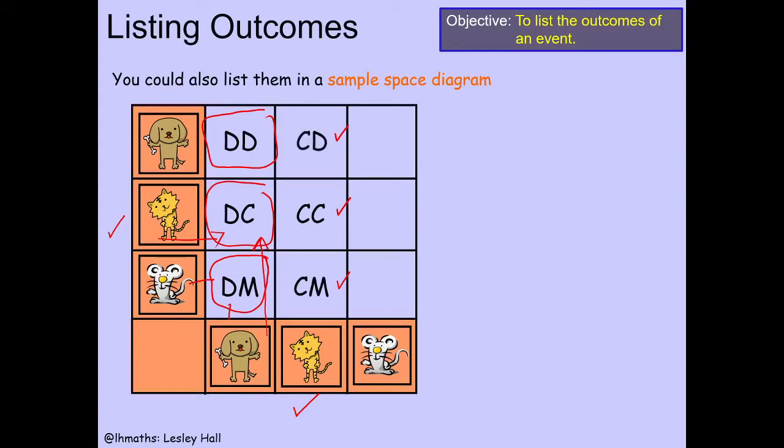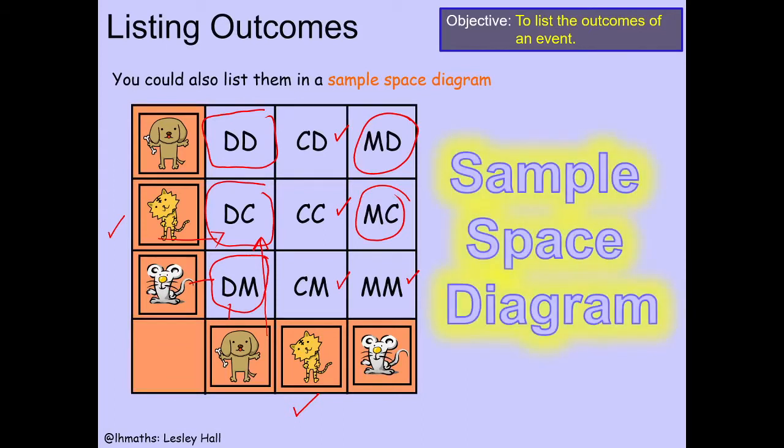Cat, dog. What about here? A mouse and a mouse. And then here. Mouse and a cat. What about here? Mouse and a dog. So that's a very systematic way of listing the outcomes by making use of a sample space diagram. Okay? Are there any questions so far?